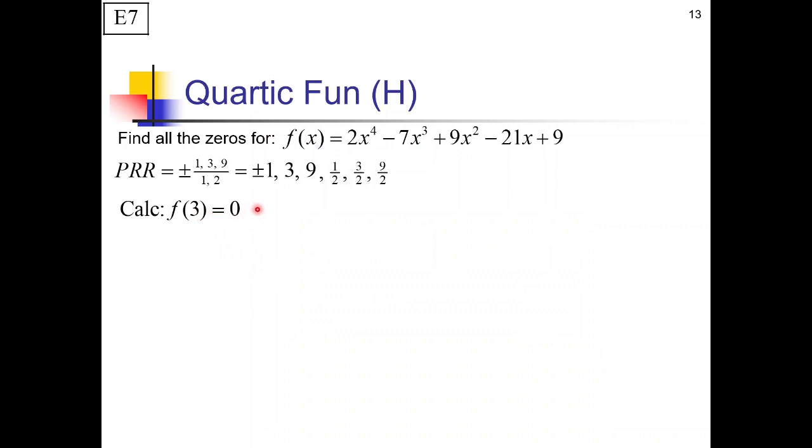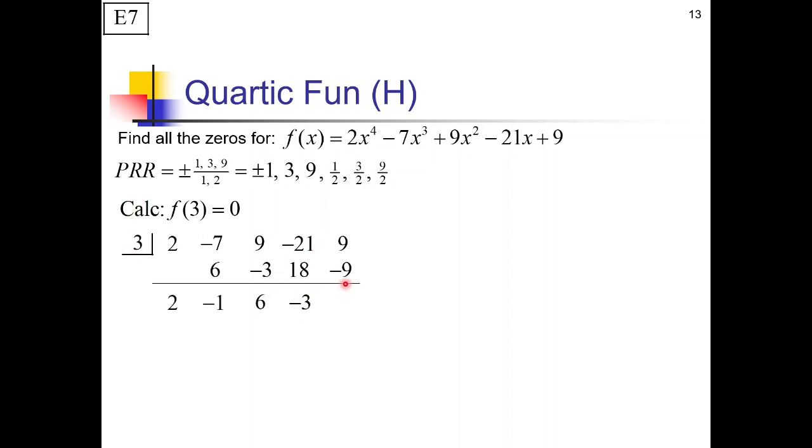So let's use synthetic division on that. Coefficients, we've got 2, negative 7, 9, negative 21, and 9. Plugging in 3. Bring down our first coefficient. We've got a 2. 3 times 2 is 6, plus negative 7 is negative 1, times 3 is negative 3, plus 9 is 6, times 3 is 18, plus negative 21 is negative 3, times 3 is negative 9.